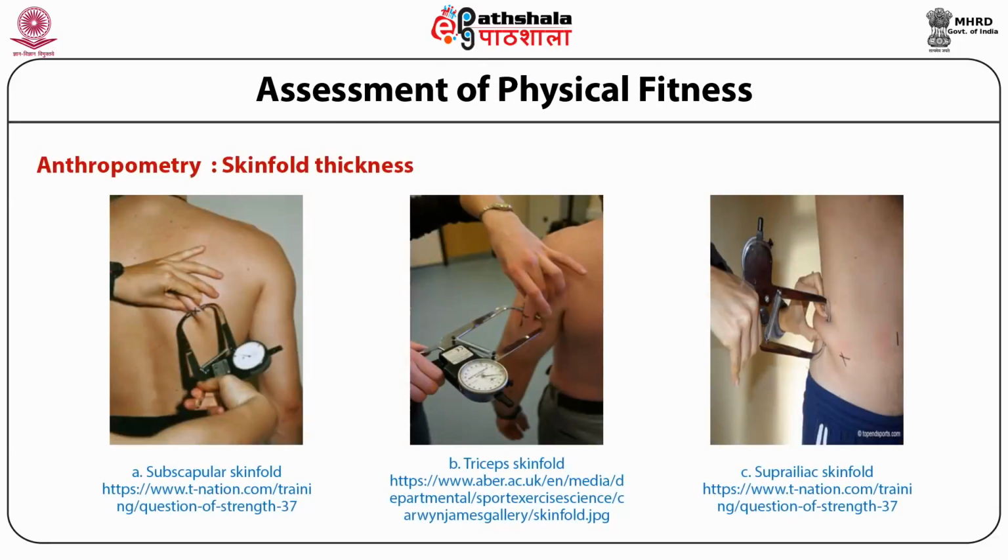This picture shows us the generalized equations to estimate the body density using the skin fold thicknesses. As we can see from this figure that there are different equations made for the men and the women. Besides, the equations have been prepared using the different skin fold thicknesses.